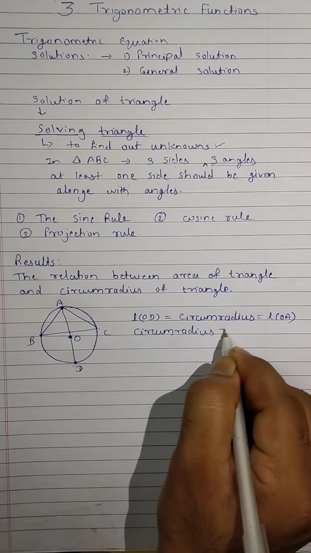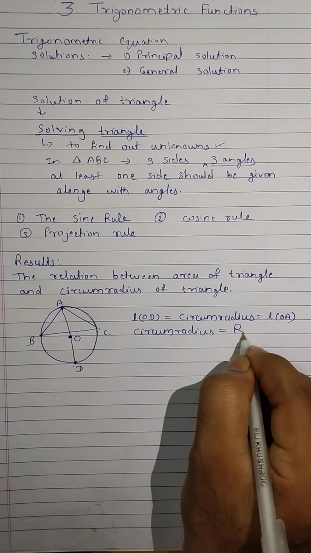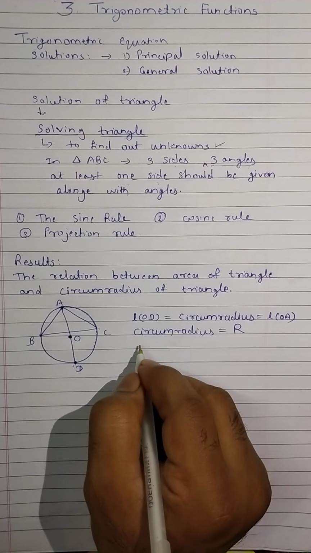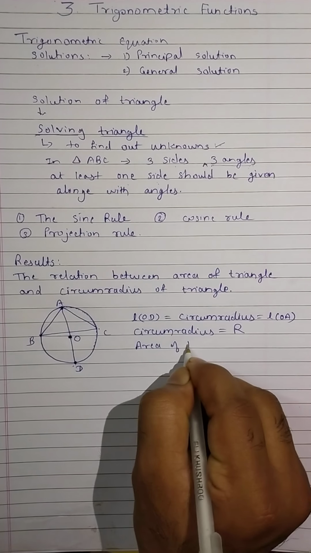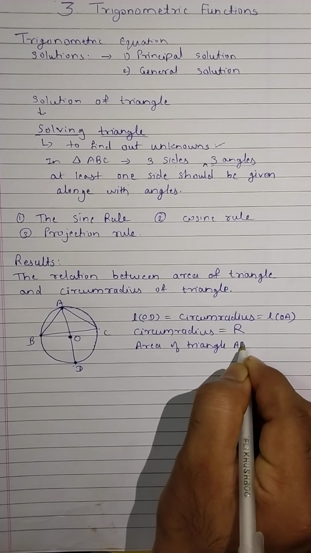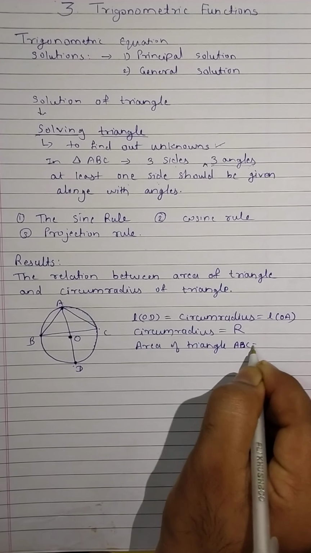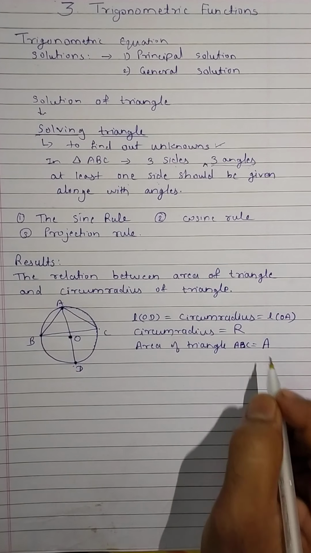The circumradius of the circle of triangle ABC is denoted by capital R, and we will assume the area of triangle ABC as capital A. This will be our notation.